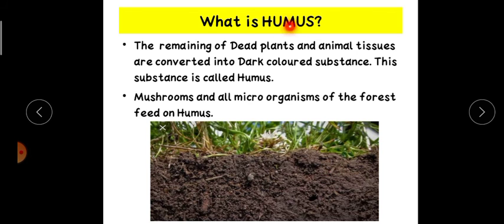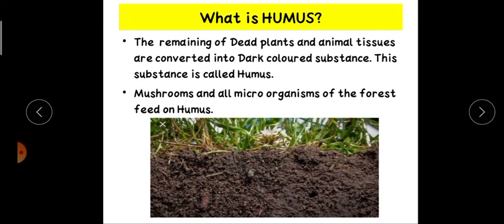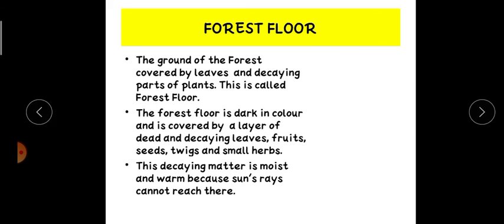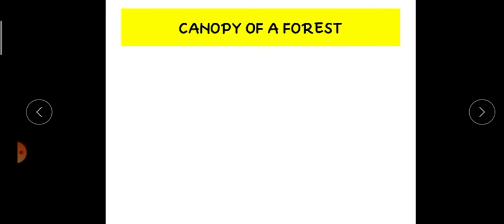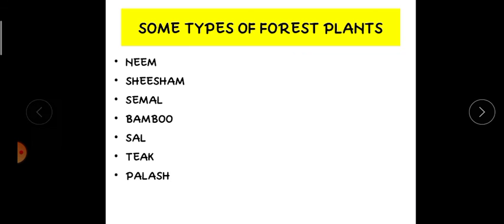This is known as humus. Children, I hope you are all clear about what is humus, crown, forest floor, canopy, understory, and the different forest products that we find from the forest along with the plants.